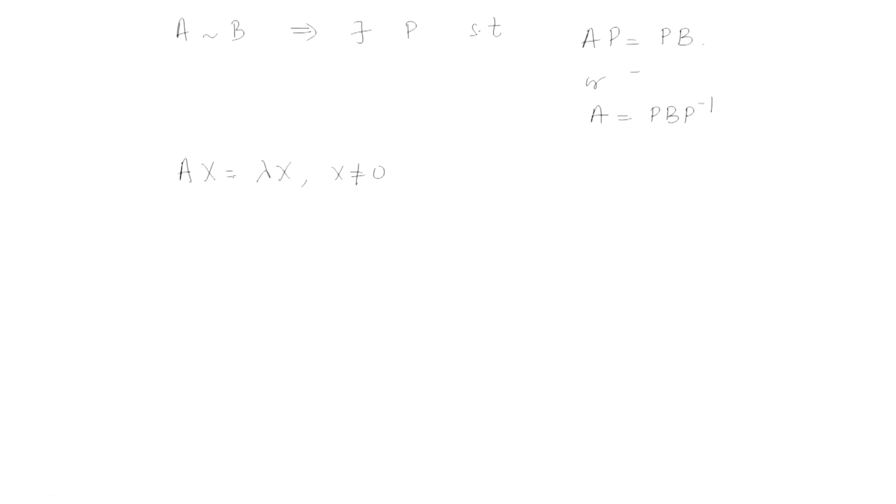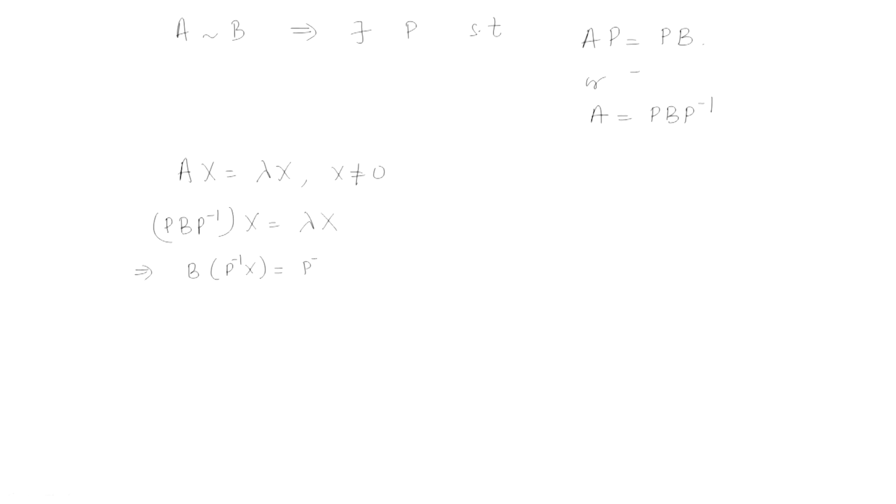Okay. Now, since A is similar to B, that means A is equal to PB P inverse. So, you can replace A by PB P inverse. Okay. Now, this implies B into P inverse x, this we can easily write. You pre-multiply both the sides by P inverse because P is invertible.